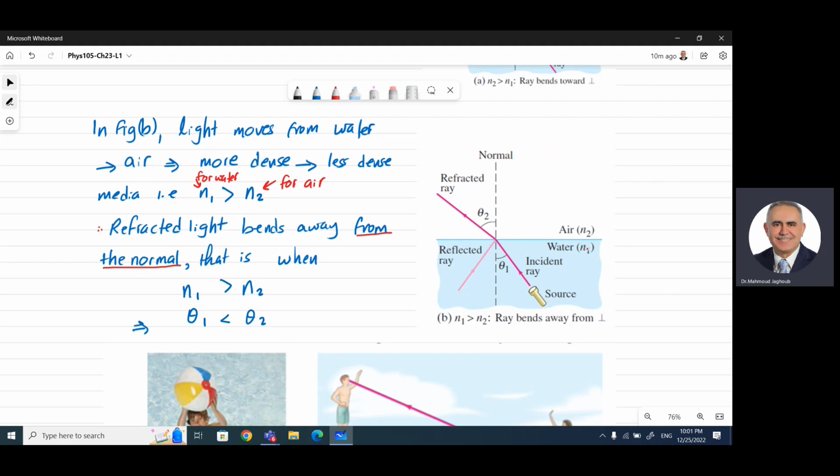Now we call N1 for water, N2 for air. Now, theta 1 is less than theta 2. What does this mean? This angle is smaller than this angle, but this angle is large. So the light ray bends away from the normal.